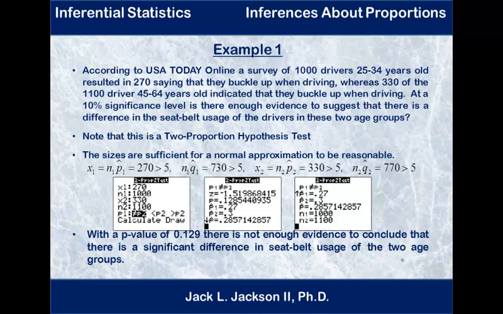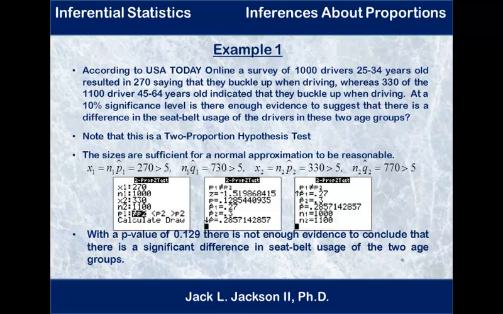So we want to do a 2 proportion z-test, and we just do this in our calculator. Pull up stat, left arrow to test, scroll down until you find 2 proportion z-test. I think it's number 6 or so. Choose that one and enter in the information. x1 is the number of successes in the first sample, so that's 270. n1 is the sample size for the first sample, which is 1,000. x2 is the number of successes in the second group, that's 330, and then the sample size for that second group, which is 1,100.